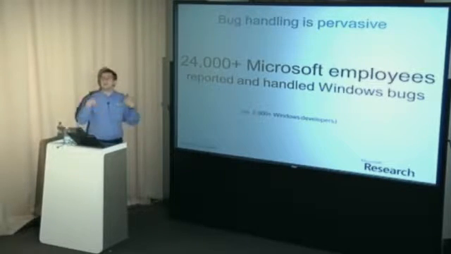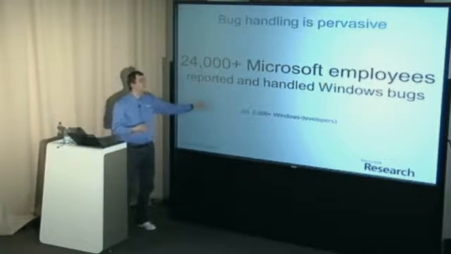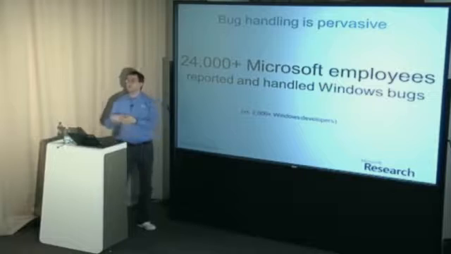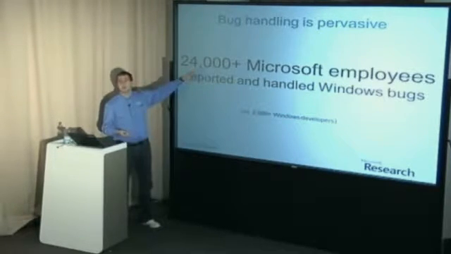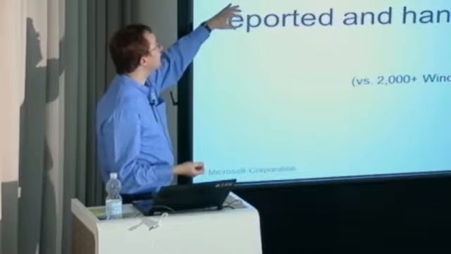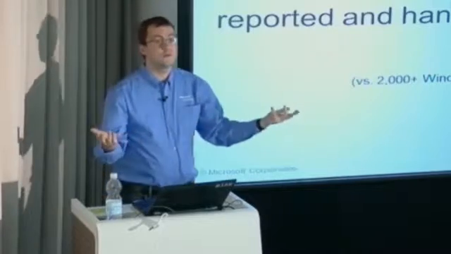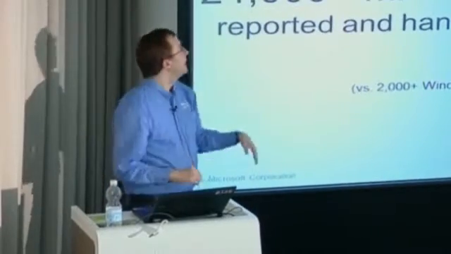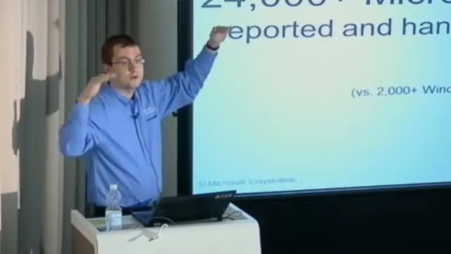So for example, if they submitted a bug report or provided feedback on a bug report, they were assigned to a bug report, or they tested a bug report. So you can actually see that the number is much higher. And if you think about Windows, that's just the Microsoft employees who submitted bugs. But you can imagine Windows has many, many users, and the actual number of users who have an interest in bug reports is much higher.